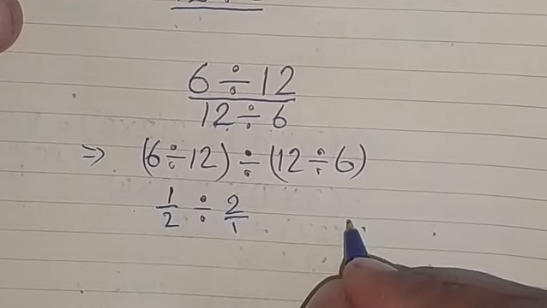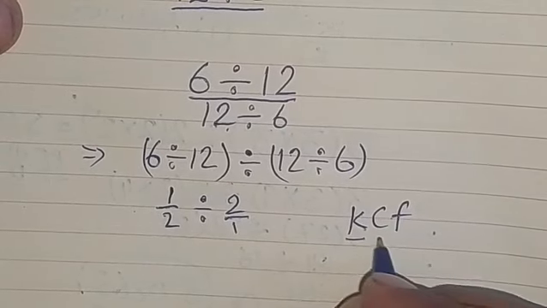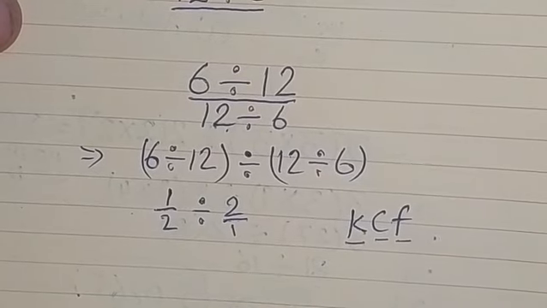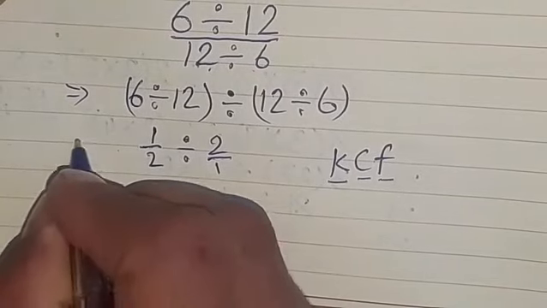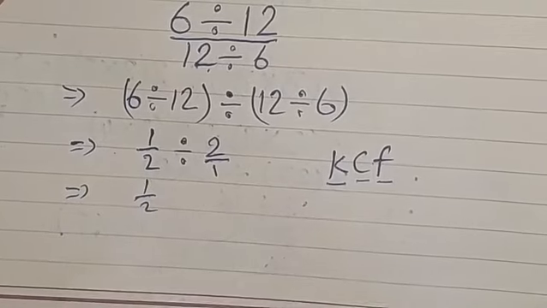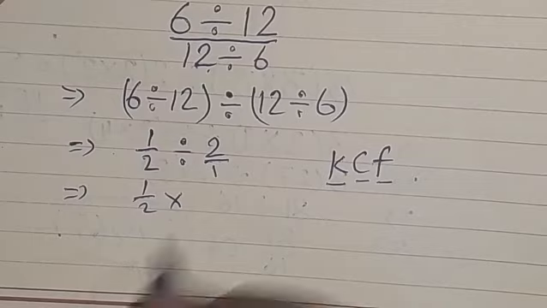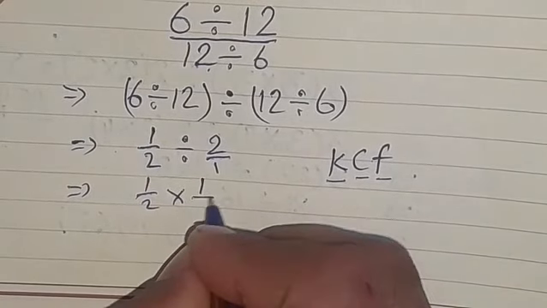So we solve it by the rules of KCF. K means keep the first fraction, C means change division to multiplication, and F means flip the second fraction. So we keep the first fraction, 1 over 2, change division to multiplication, and flip the second fraction, so that gives us 1 over 2.